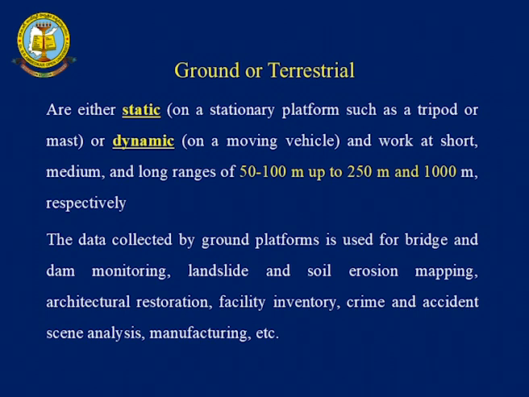These platforms are also classified as short range, medium and long range. Short ranges are typically from 50 to 100 meters, medium up to 250 meters and long up to 1000 meters respectively.